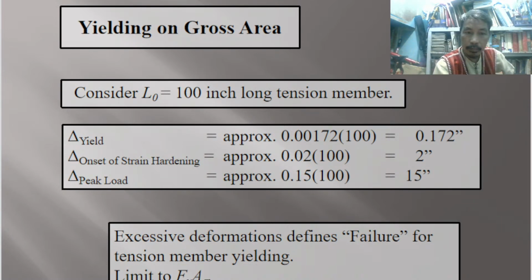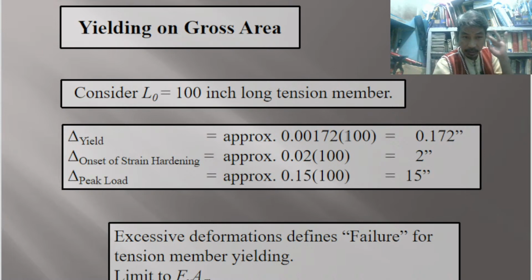Okay? And for example, we have this as our summary. Yield, change in length, 0.172. Okay, take note, 0.172. We use 0.0015 because yield is from 0.001 to 0.002. But here, the actual is 0.00172.